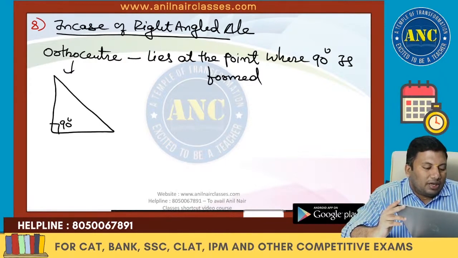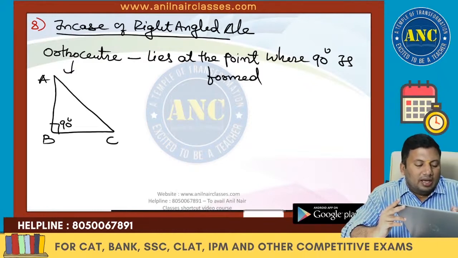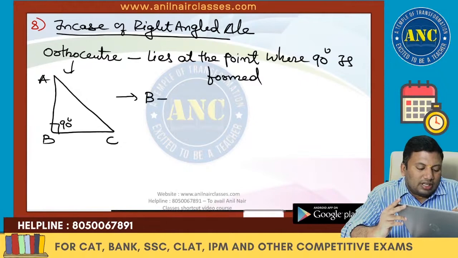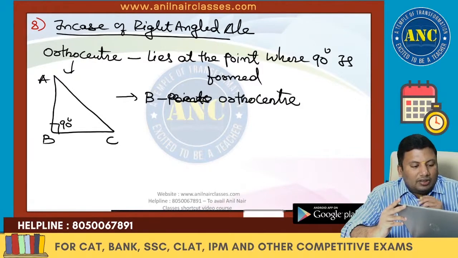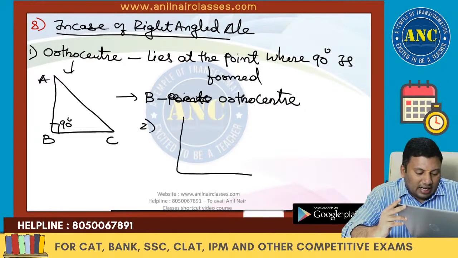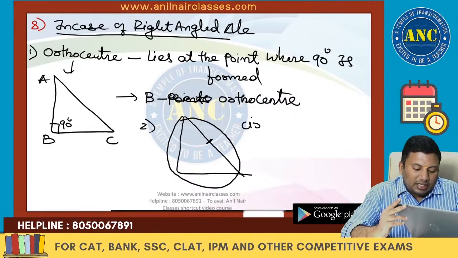An altitude is nothing but a line which makes an angle of 90 degrees. So in this triangle ABC, the orthocenter lies at the point B. This is the first point. Second point, suppose I take the circumcircle, the circumcenter lies on the hypotenuse.